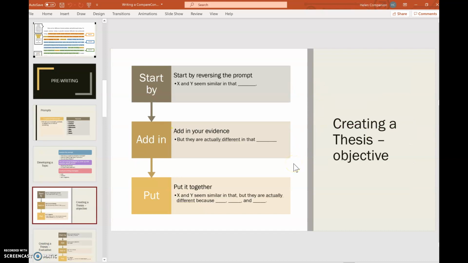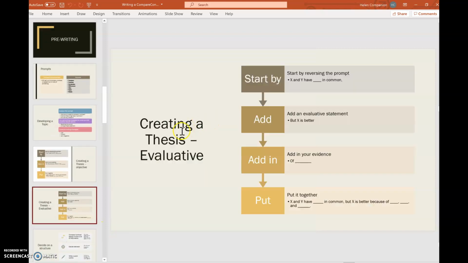You can do a thesis in two different ways: objective or evaluative. In an objective thesis, you're going to start by reversing the prompt. X and Y seem similar in that, then add in your evidence, but they're actually different, and then put them together. So X and Y seem similar in that blank, but they're actually different because blank, blank, and blank. An evaluative thesis is similar, but we're going to add in an evaluative statement.